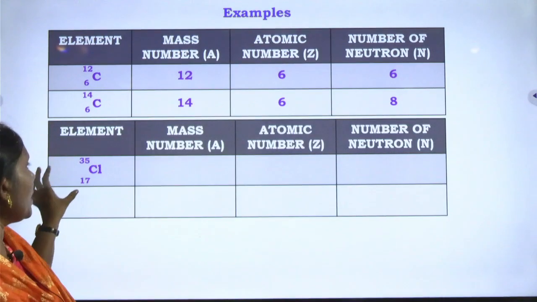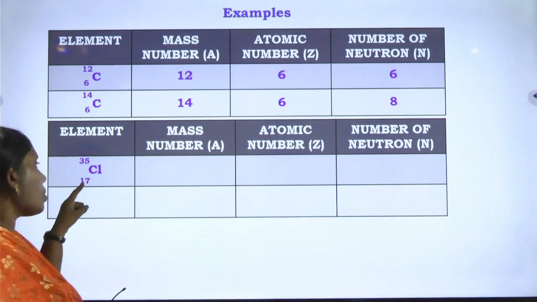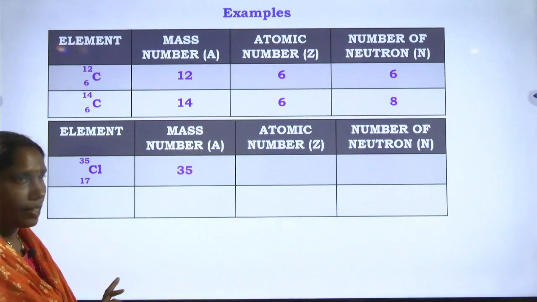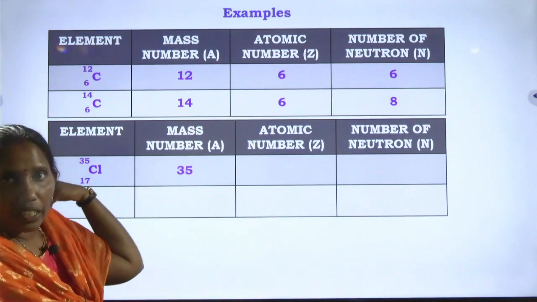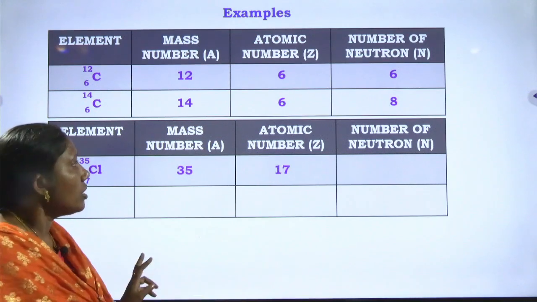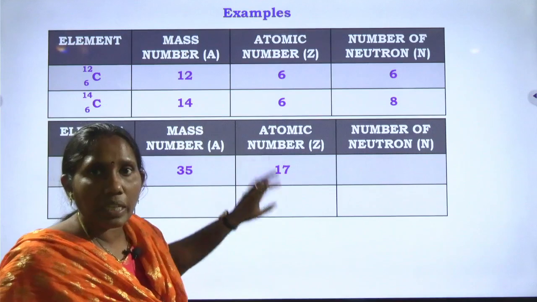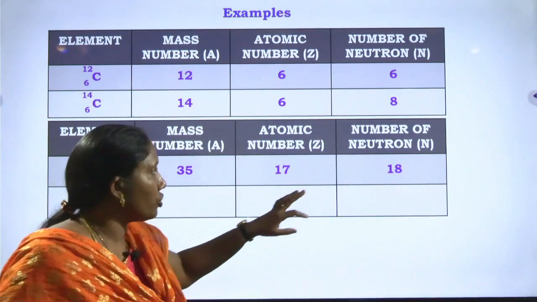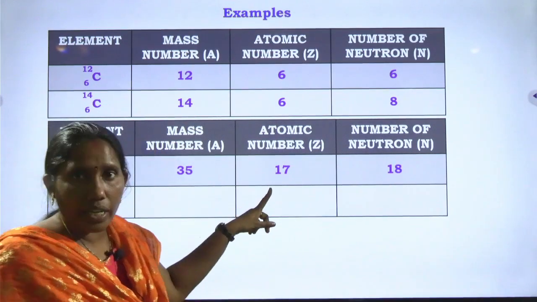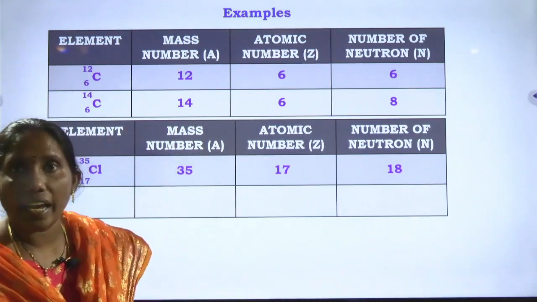Next I am taking chlorine. The chlorine isotope is 17 and 35. Mass number is 35, and mass number means number of protons plus number of neutrons. Atomic number is 17, so the number of neutrons is 35 minus 17, which gives 18.